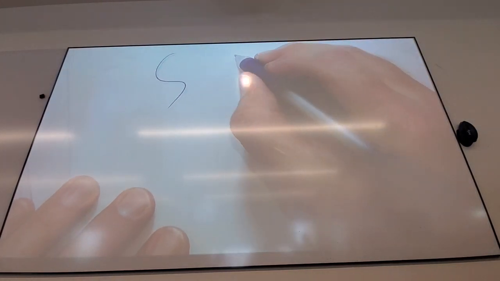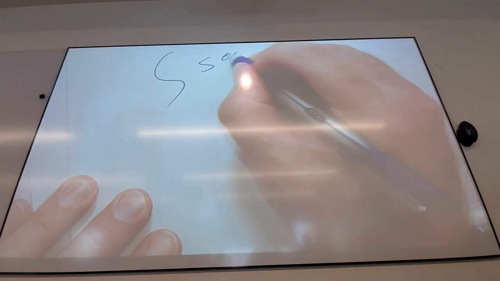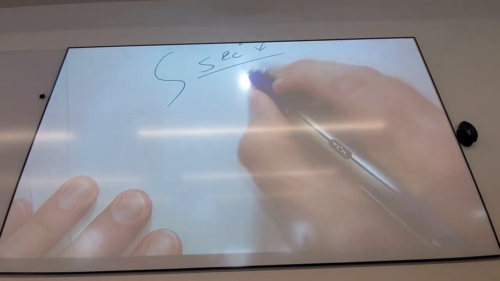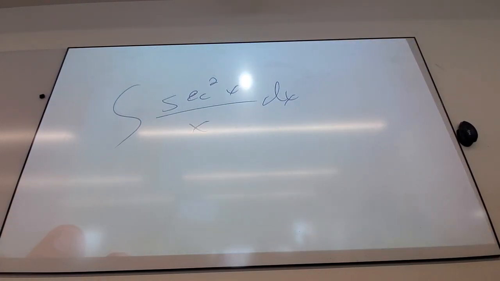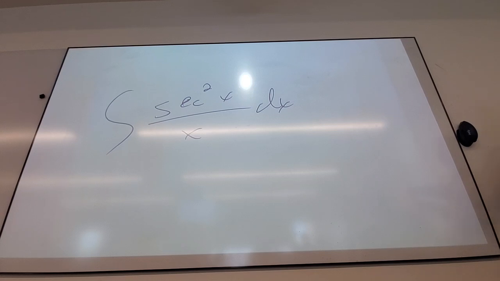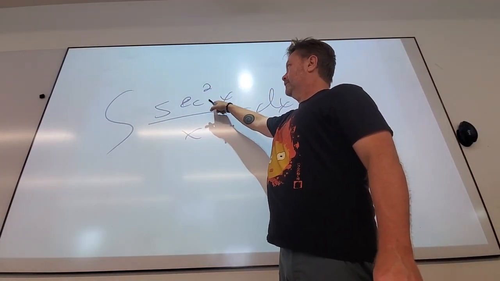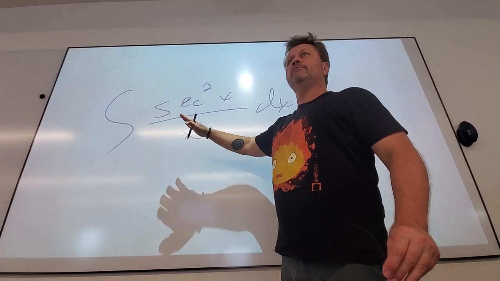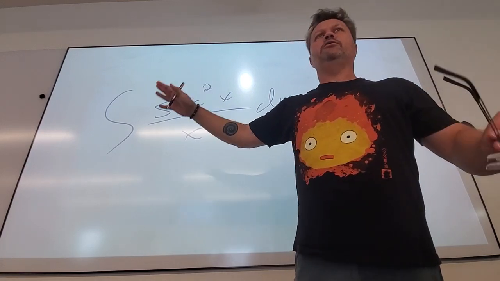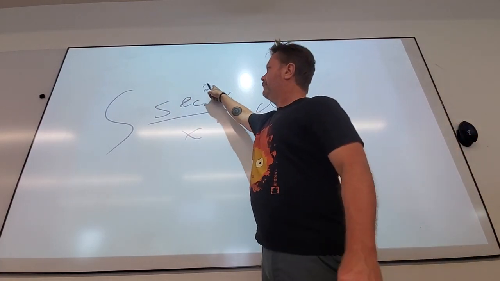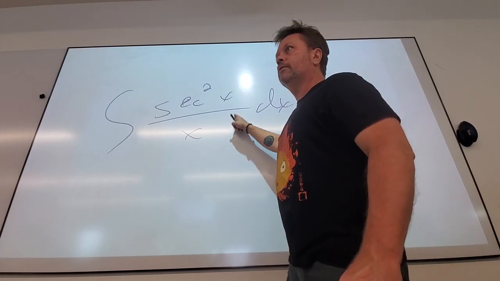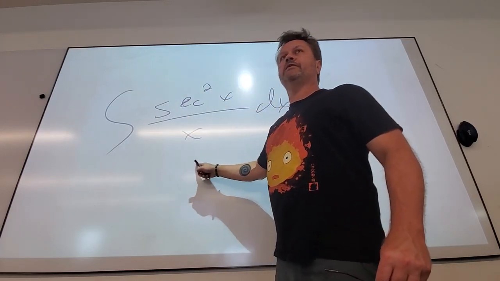The integral of secant squared x over x. If I was going to take the derivative of this, could I just take the derivative of this divided by the derivative of this and be done? Would I be allowed to do that? If I want to take the derivative of this function, what must I use?